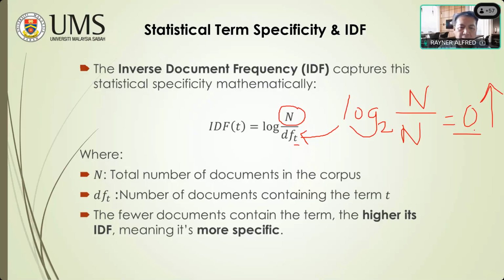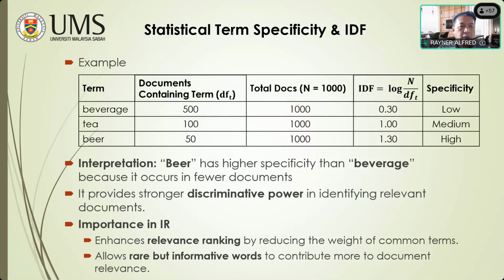So 0 means no meaning. Okay, so if we take this example, we have 1,000 documents, and we look at these three terms, and each of these terms exists in 500, 150, and 50 documents. By looking at these numbers, we know that the term that appears in only 50 documents is very specific.